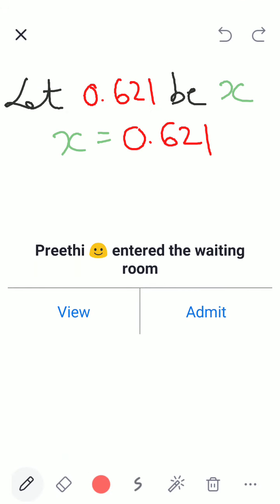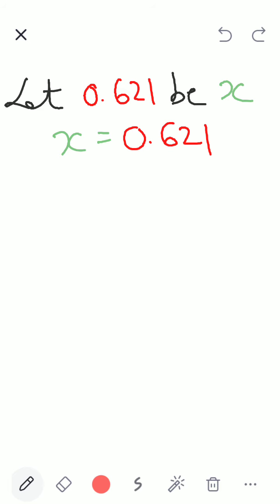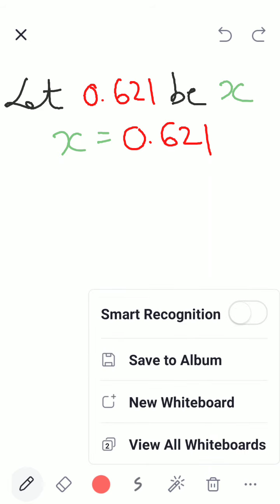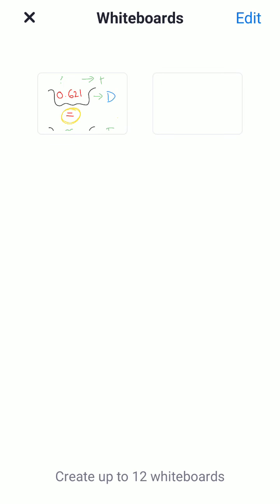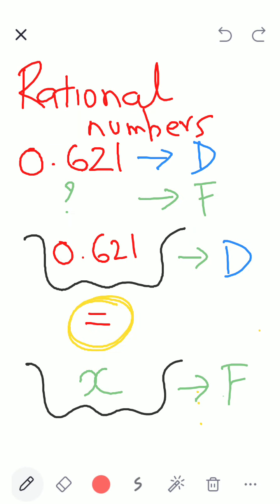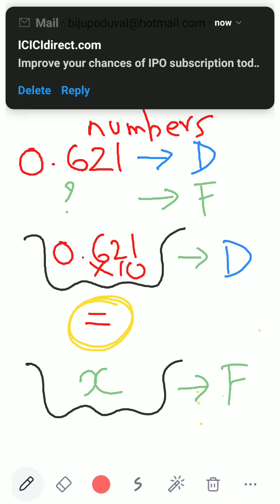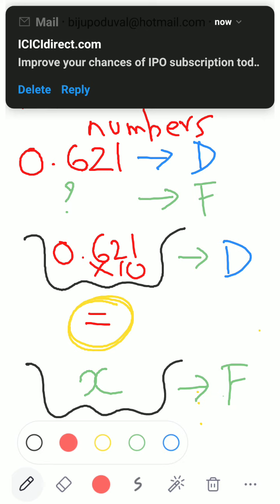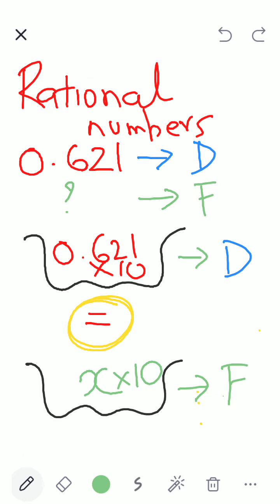Okay, fine. Then what do I do? I have to move ahead, right? I have to do something. So I will say, let me multiply the decimal bag by 10. Obviously I will have to multiply X also by 10 to make it equal. Then only both bags are equal.